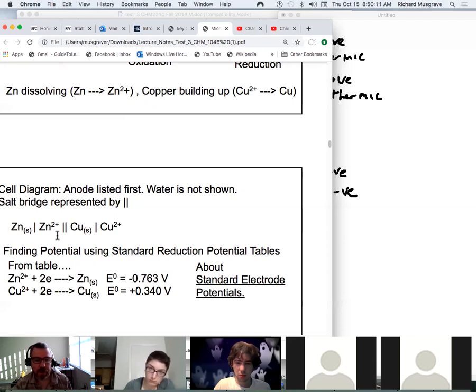The order on each side of the cell diagram doesn't matter. The salt bridge, or what separates the cells, is always represented by these two vertical lines here. So we can tell on this side, this will be the anode and this will be the cathode over here. And again, the order on each side doesn't matter. You can have these in any order you like. It's not going to be important.